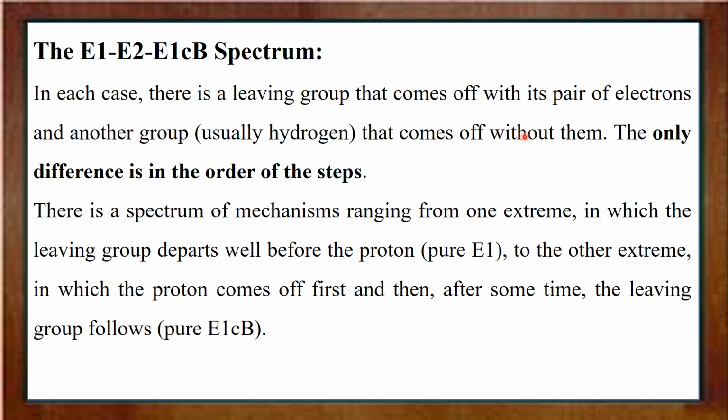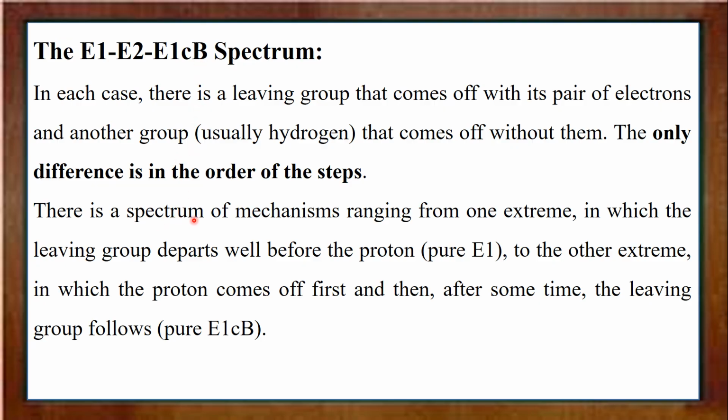So the only difference between these three mechanisms is the order in which these two steps take place: the removal of the leaving group and the removal of the proton.